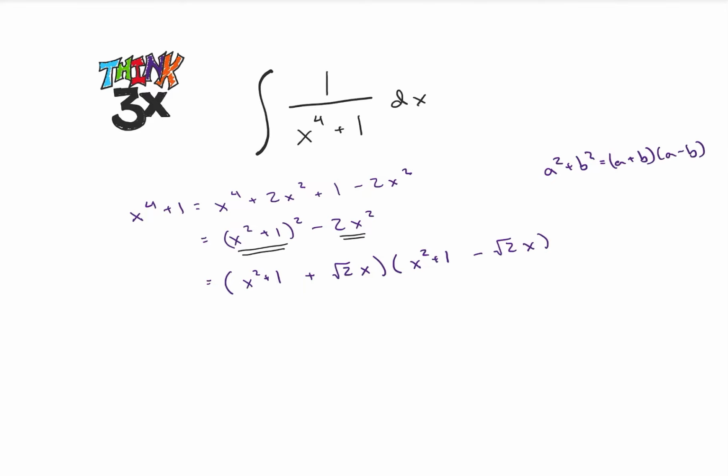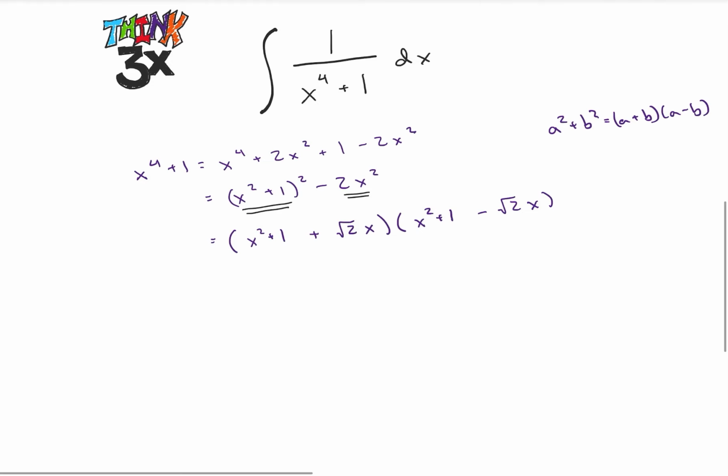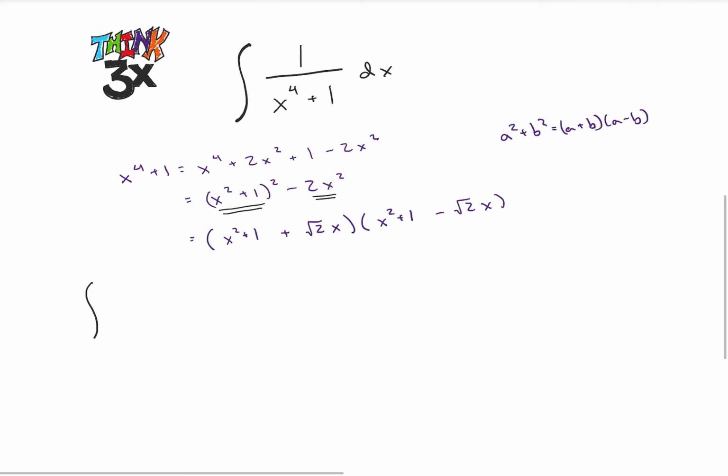So what I've just done is I've gotten to a point where now I can rewrite my integral as the integral of 1 over x to the fourth plus 1 is equal to the integral of 1 over x squared plus 1 plus root 2x times x squared plus 1 minus root 2x.